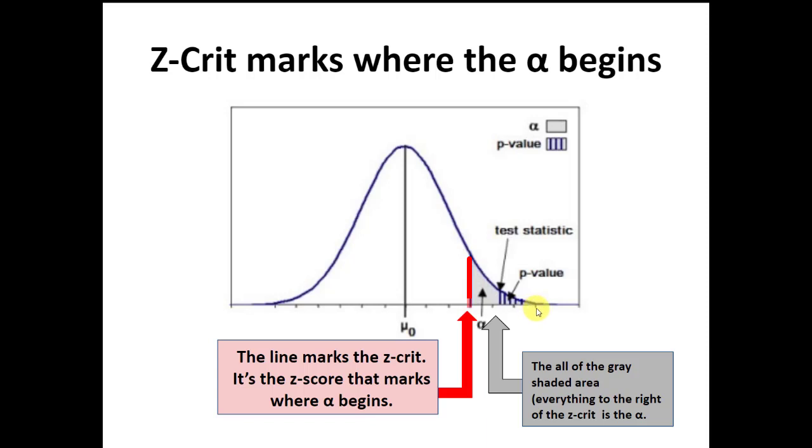If this was a 10% alpha, then the z-crit would be the z-score that marked everything beyond that as 10% of the curve. Okay, so it's really a line of demarcation where everything beyond that marks the alpha. The alpha is all this gray area.